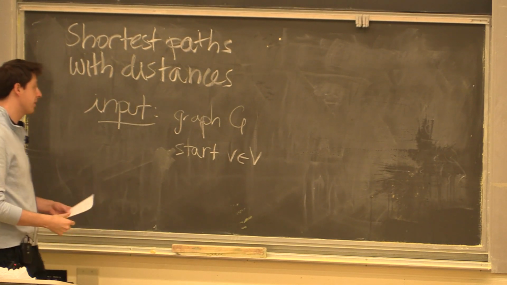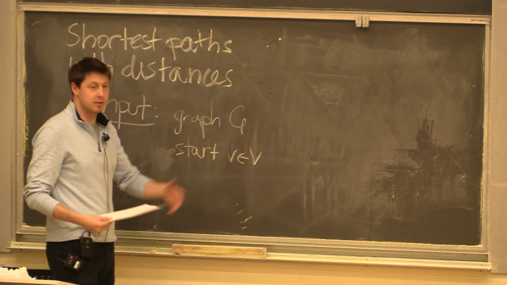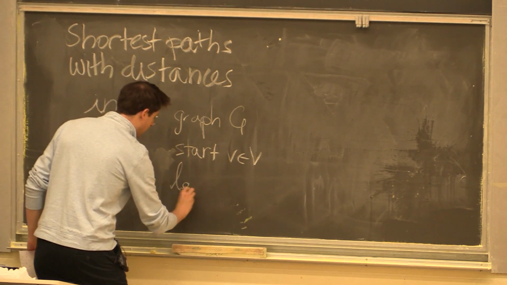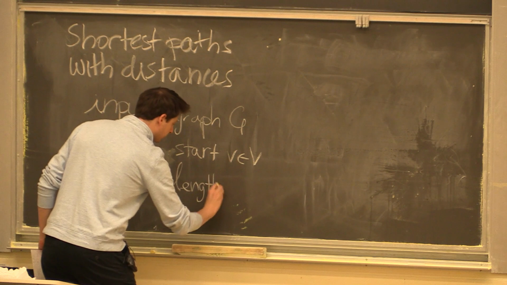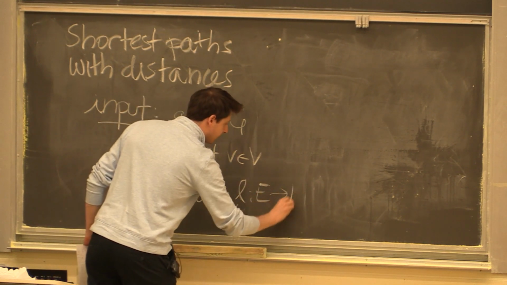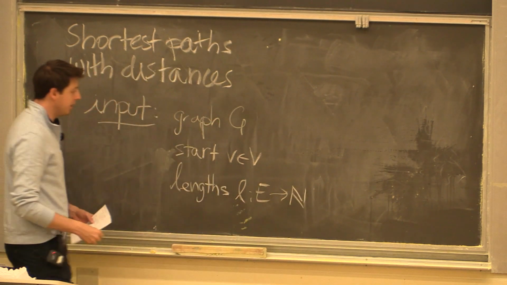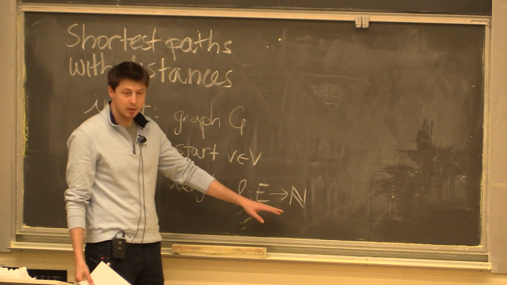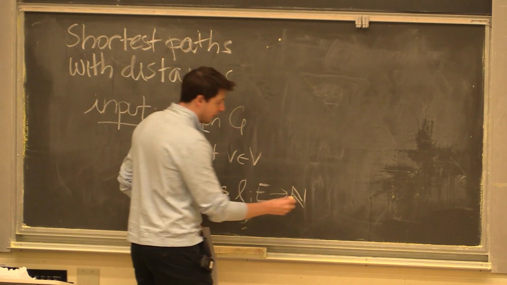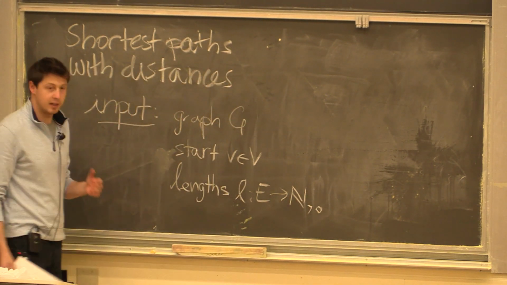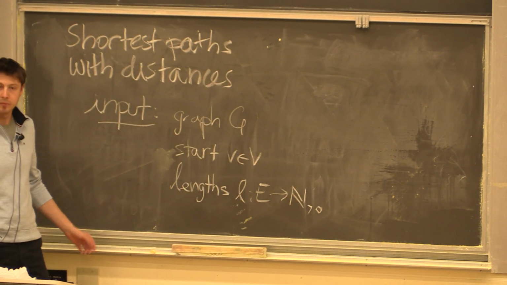You can think about them as living on the graph, though sometimes it is nice to make them explicit. So we're going to have these lengths L. It is just a labeling of the edges that assigns to every edge a number. And we'll start out with an algorithm that works where all lengths are strictly positive.